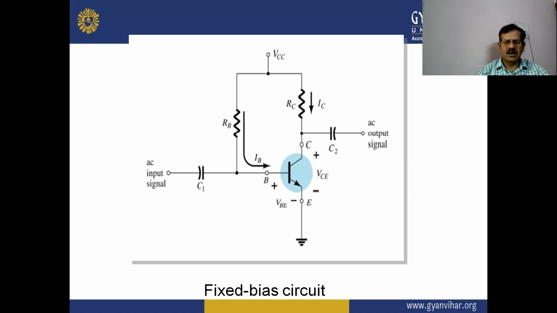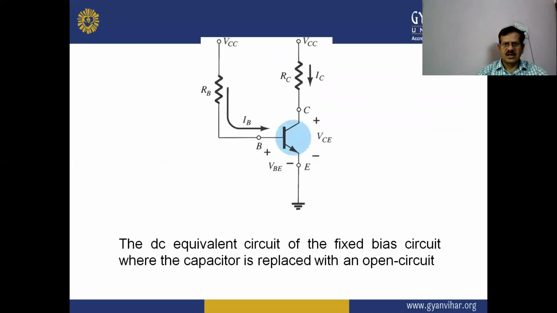This is an example of a fixed bias circuit diagram, in which the VCC biasing is applied to the base and collector through the base resistance and collector resistance. Next is the DC equivalent circuit of the fixed bias circuit, where the capacitor is replaced with an open circuit.